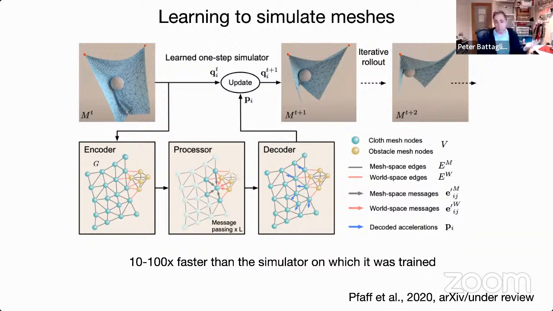One thing that was very interesting about this is that we temporarily downsampled the simulated data so that we were training to make much larger, longer predictions than the simulator was making. In general, this would give us about a 10 to 100 fold speed up over the actual simulator on which it was trained.